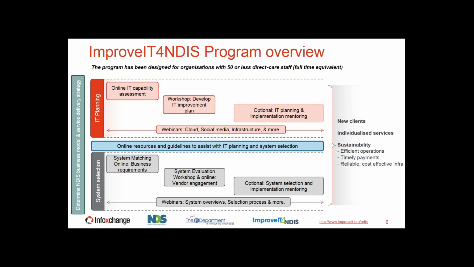And again, there's optional system selection and implementation mentoring for those organisations that would like that additional assistance. The system selection element of the program is provided by the virtual IT department, with InfoExchange providing the IT planning components.